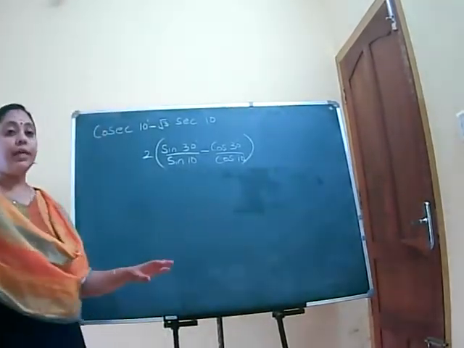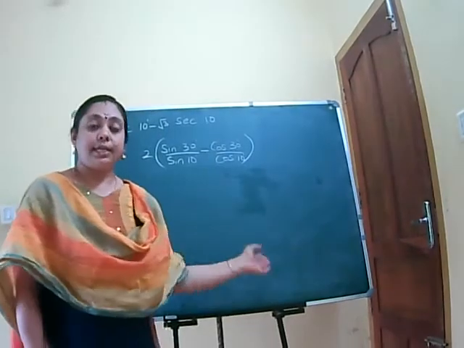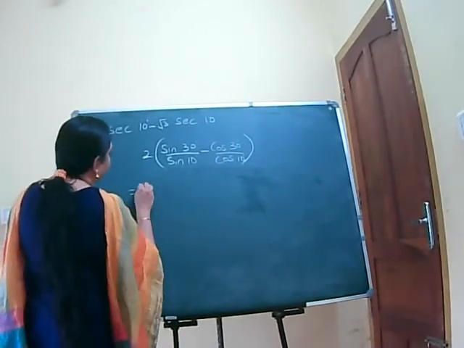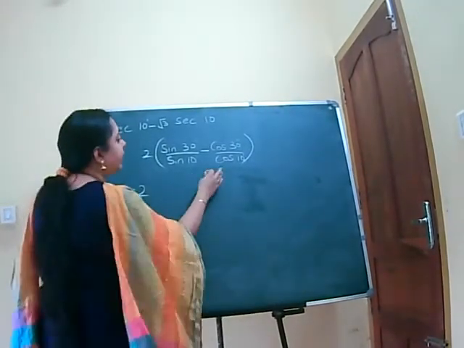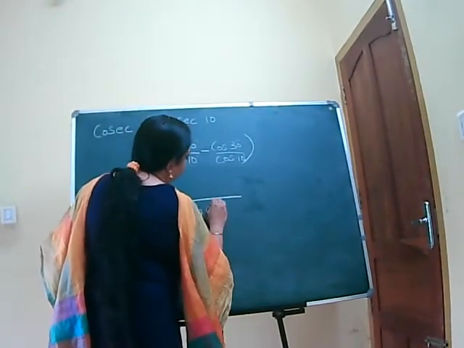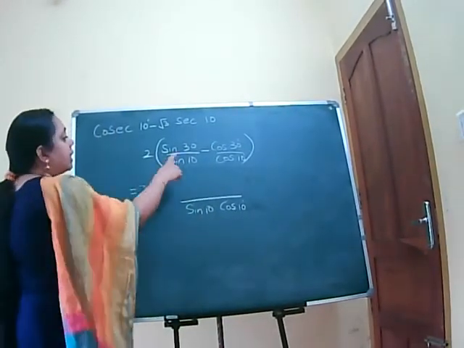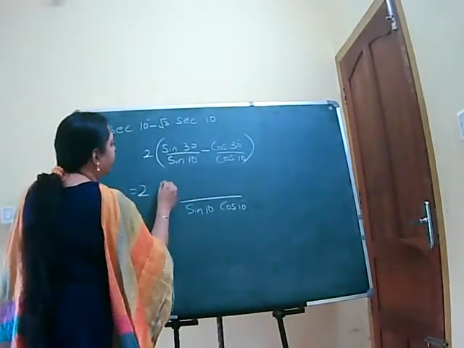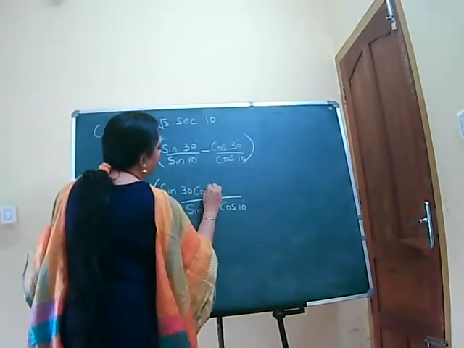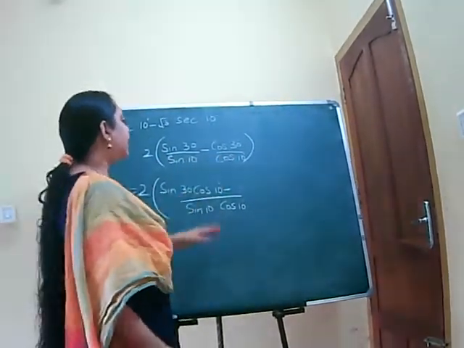Now we have converted our required expression into this. Now just take the LCM and simplify. Our LCM is sin 10 cos 10. So the numerator becomes sin 30 cos 10 minus cos 30 sin 10.